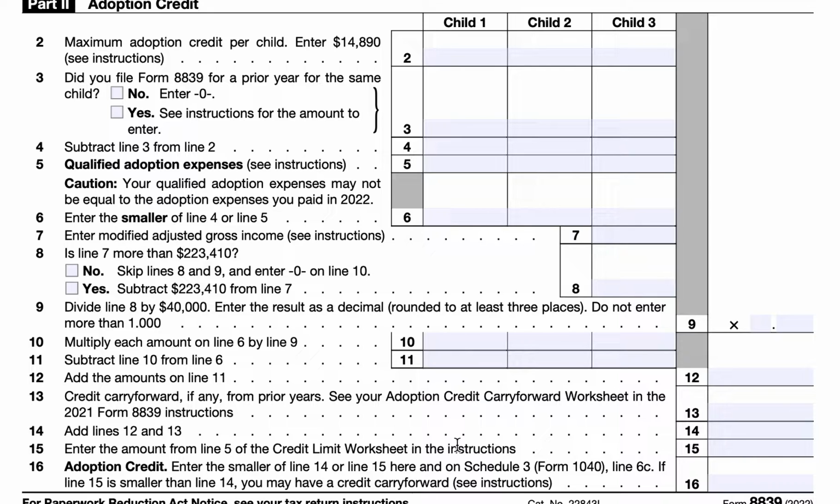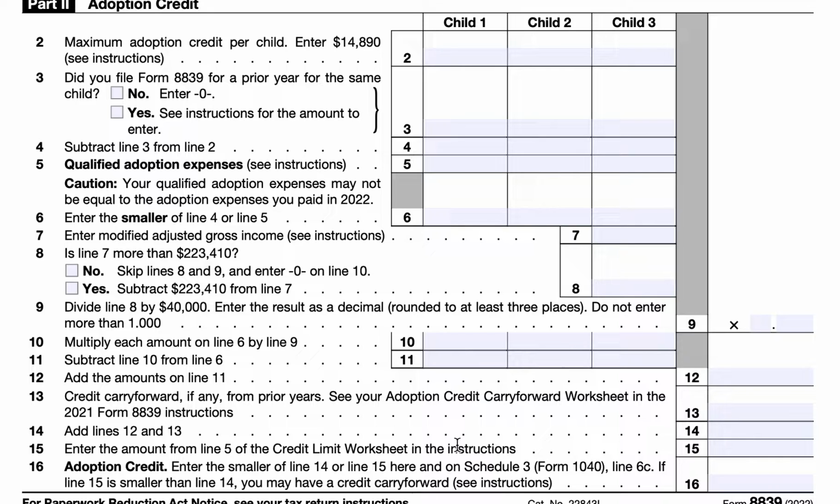And in line 15, you will enter the amount from line 5 of the credit limit worksheet in the IRS form instructions. And in the form instructions, there is a 5-step worksheet that you should use to calculate this number.